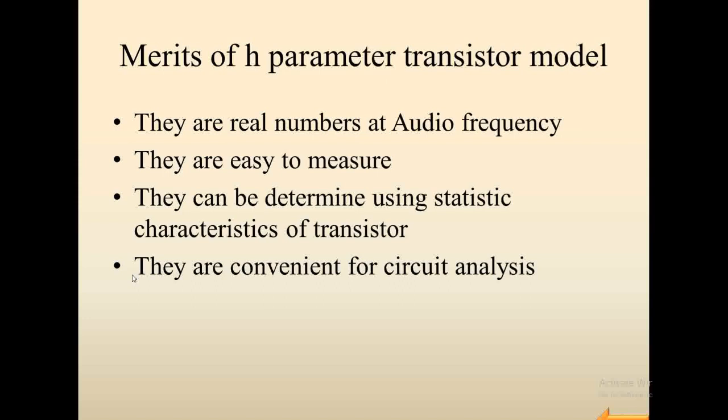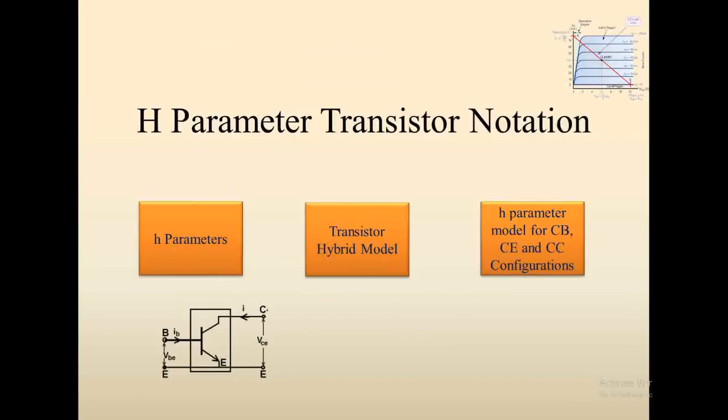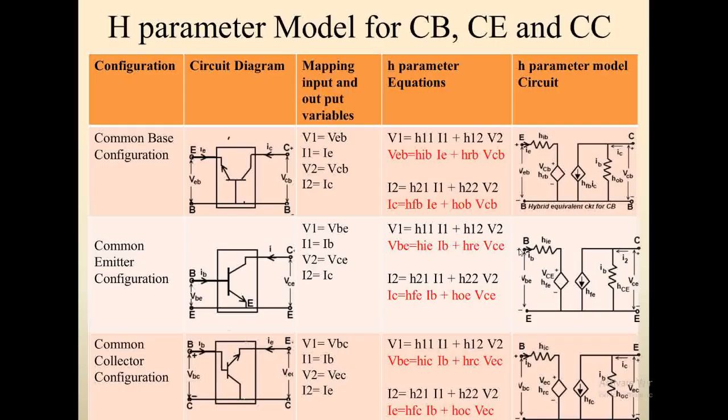Come to the H parameter model for the common base, common emitter and common collector. In common base configuration, base is common to both the input side as well as the output side. Emitter acts as the input terminal, collector acts as the output terminal.